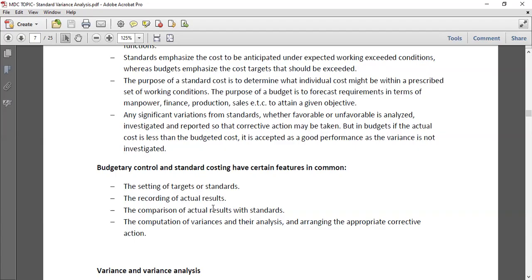Okay, and then they also have an element of recording of actual results, and then they also have a similarity of comparing actual with what has been set in terms of standard. And then the other is the computation of variances, and then their analysis and so on. So very important for you.